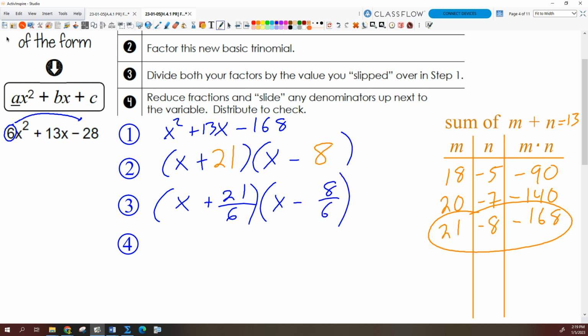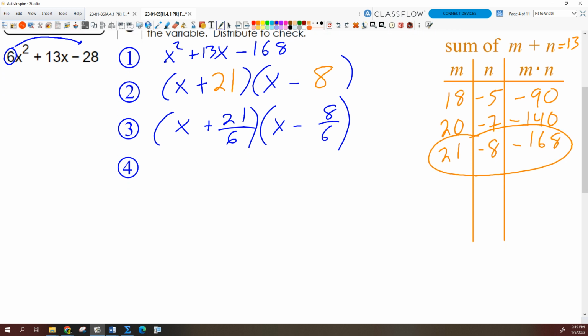Okay, last step. We're going to reduce the fractions, and then if I still have a denominator other than 1, I'm going to slide the denominator up in front of the x. Okay? So what does 21 over 6 reduce to? 7 over 2. Okay, so we have x plus 7 halves times x minus 8 over 6 reduces to 4 over 3.